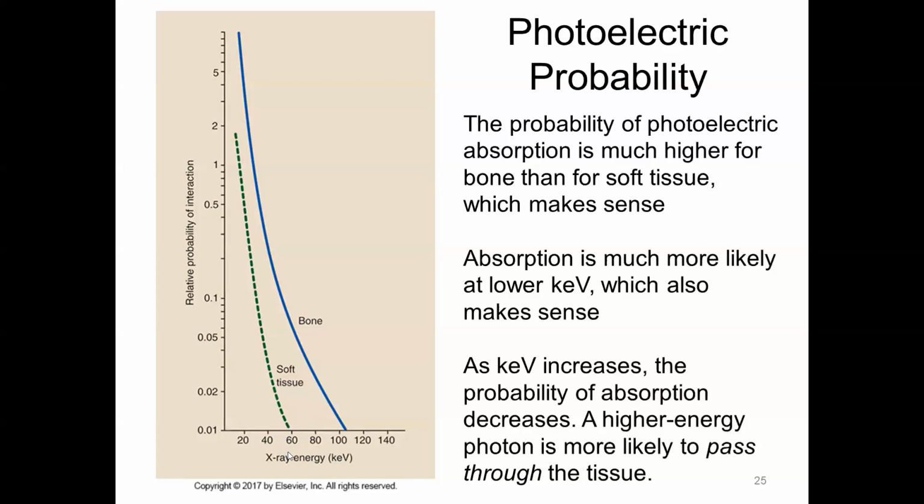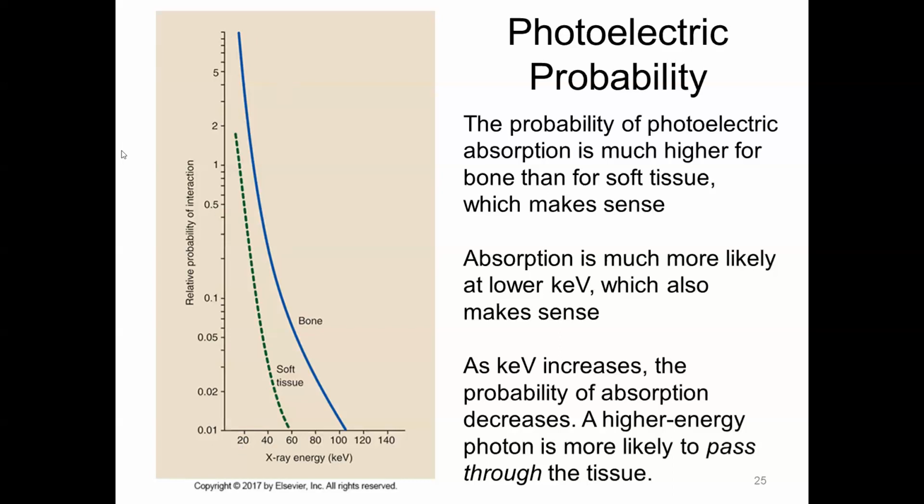Let's look at the bone line. Blue slope. This is bone in your body in terms of the probability of a photoelectric interaction. At low energy levels, say back at 20, sky high. Really big odds that at low energy levels, the bone is going to absorb the photon.